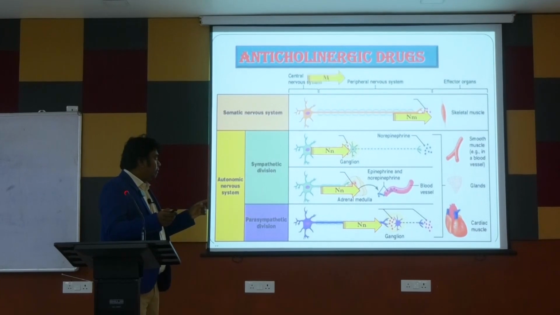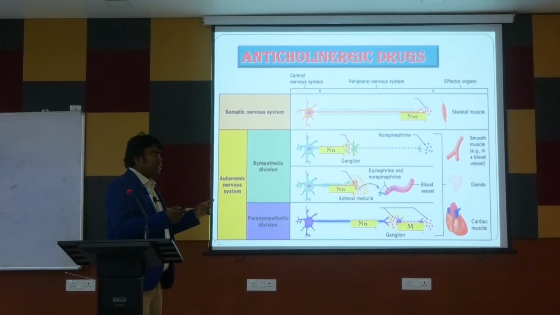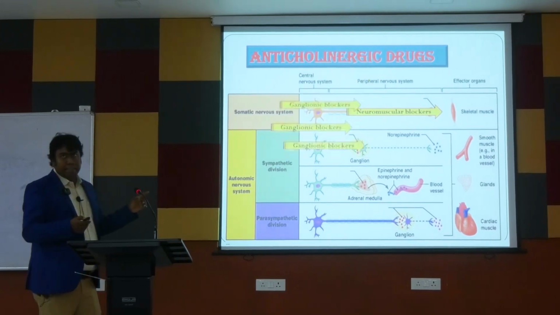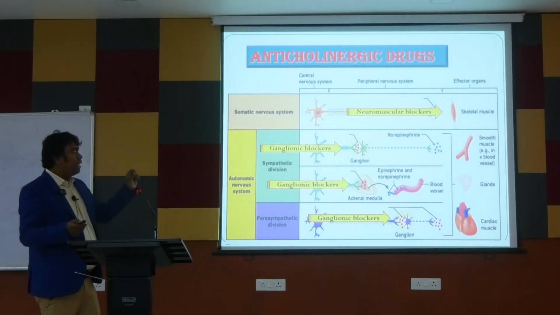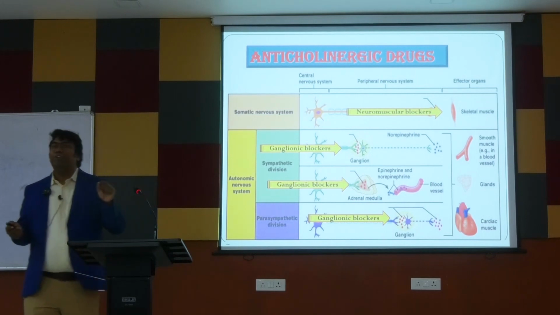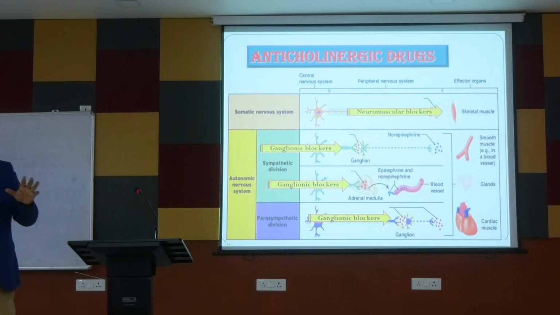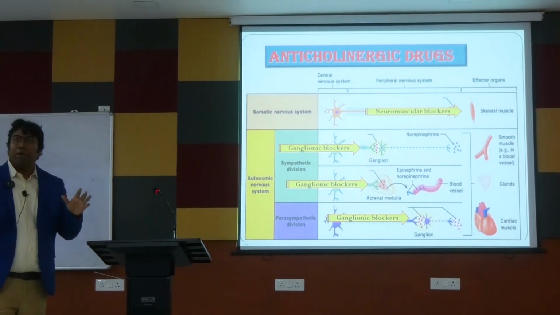NM, NN and muscarinic receptor. Neuromuscular blockers are used for blocking the NM nicotinic M-type receptor, which is present in the neuromuscular junction.